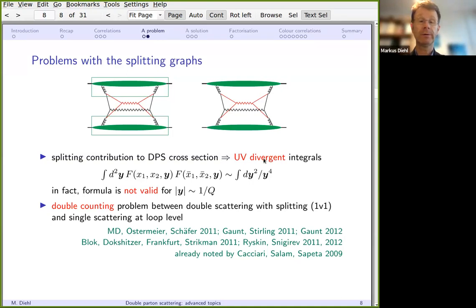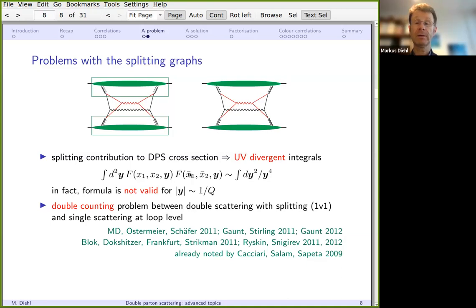It's a power law divergence. And as usual, if you find a divergence in a theory calculation, normally the reason is that the calculation is right, but the thinking behind it is wrong. That's the problem here, because this formula is not even valid if the distance between the partons becomes of the order of 1 over the hard scale in the hard scattering.